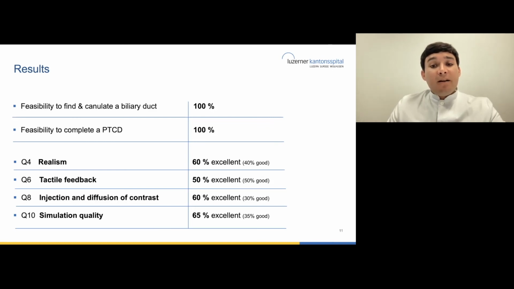The tactile feedback was also rated as excellent in 50%, and the other 50% was good, so all positive responses. The injection and diffusion of contrast and the visualization of it in the fluoroscopy was rated excellent in 60%. And the overall simulation quality was rated as excellent in 65%. The rest of 35% was rated as good.